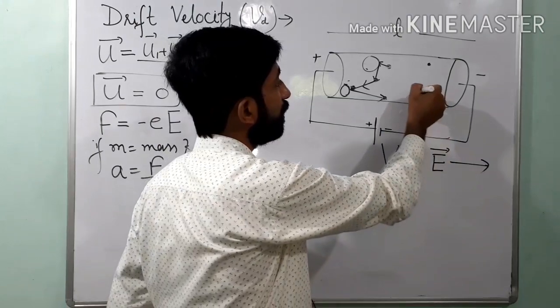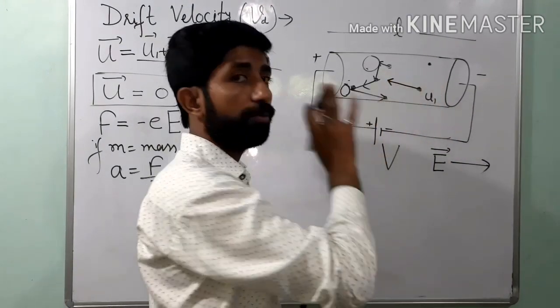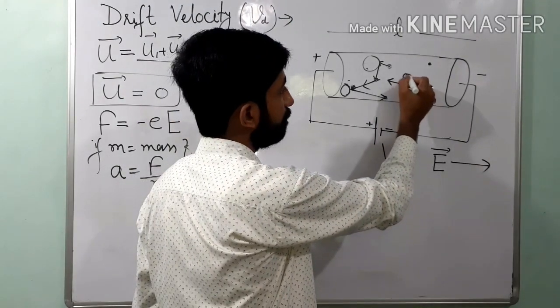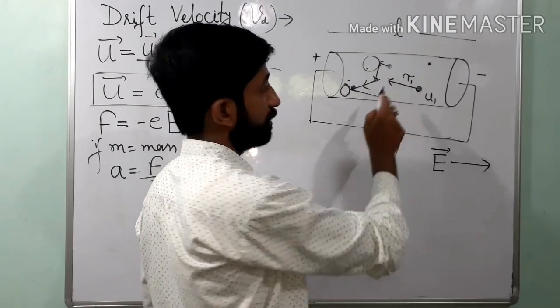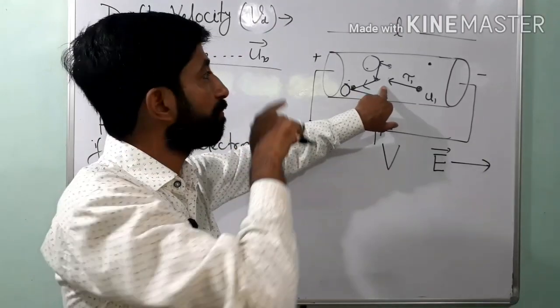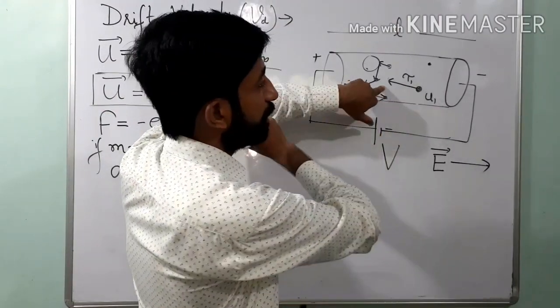So it will move towards another electron before collision. Suppose this electron takes a time tau 1 in reaching this distance. Mind it, this electron has not suffered any collision till now, that is, up to this time interval t1.